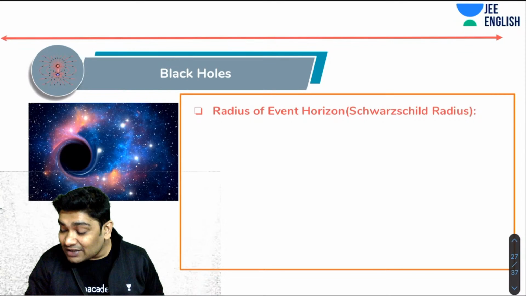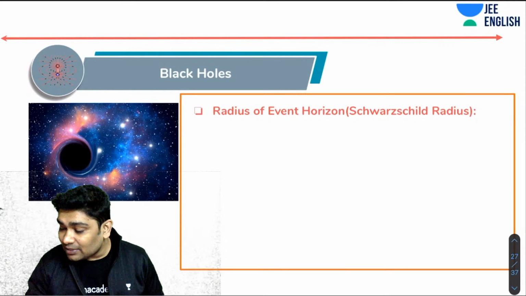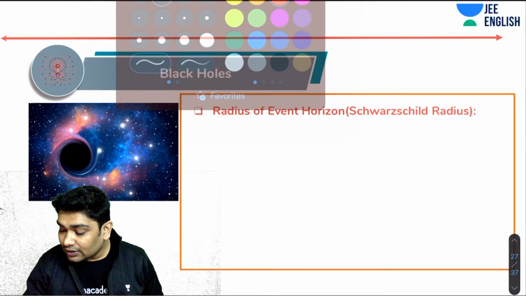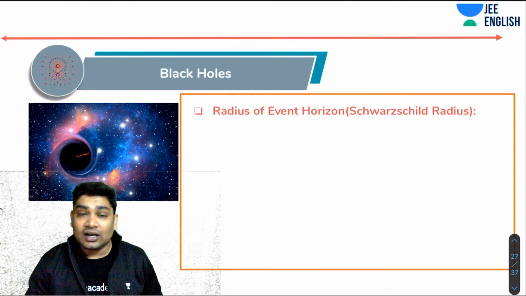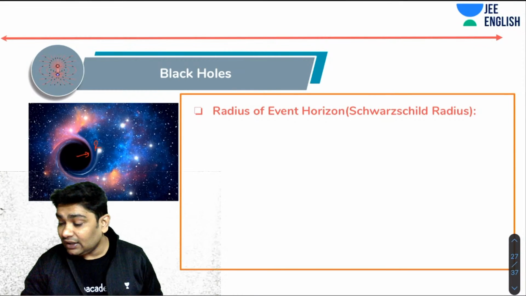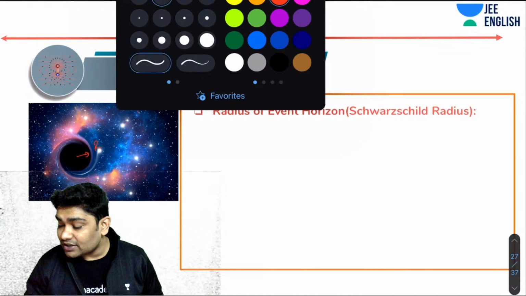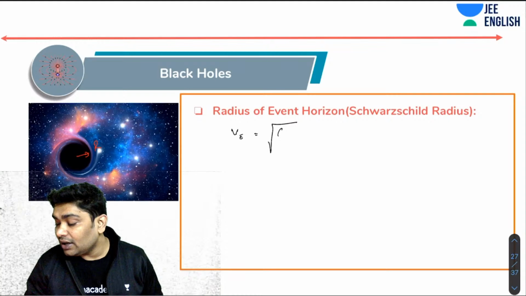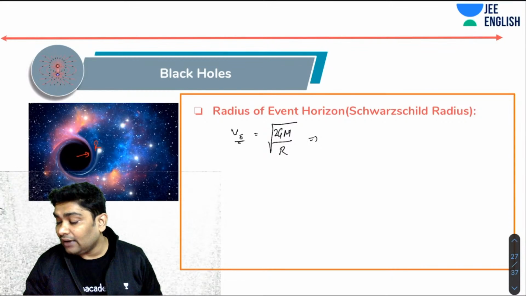So let's imagine the radius of this event horizon is r. Then I know at the boundary of this event horizon, the escape velocity should be c, and we already know the escape velocity at a distance r: v equals root of 2GM over r.